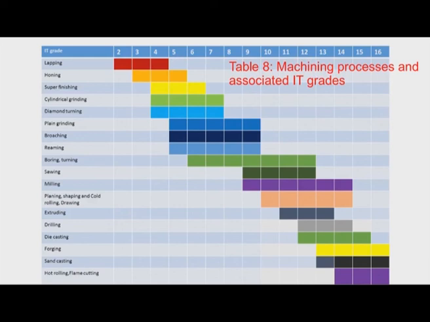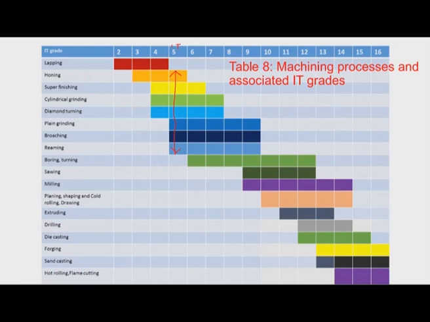You can see here if we say IT5, then we have so many machining operations which can satisfy the tolerance values specified by IT5. We can select honing, super finishing, reaming like this. So the fine machining processes we have to select.